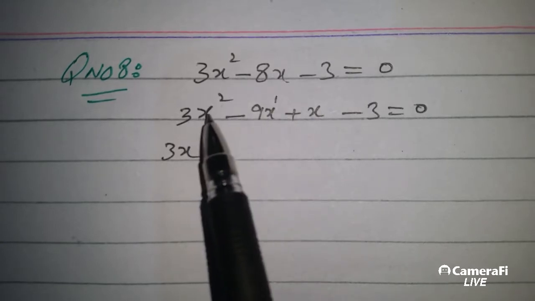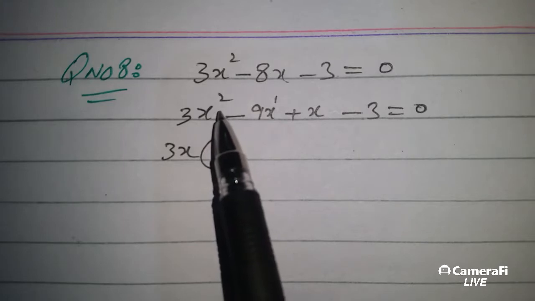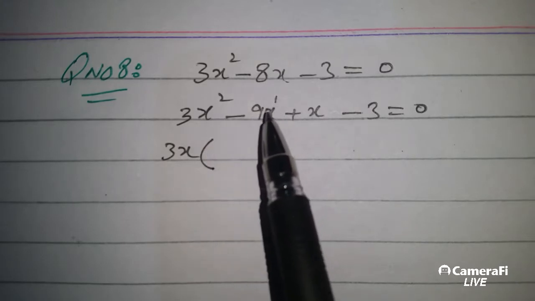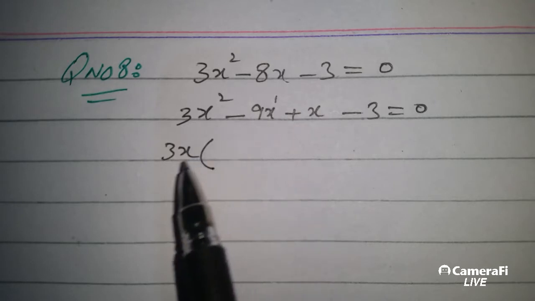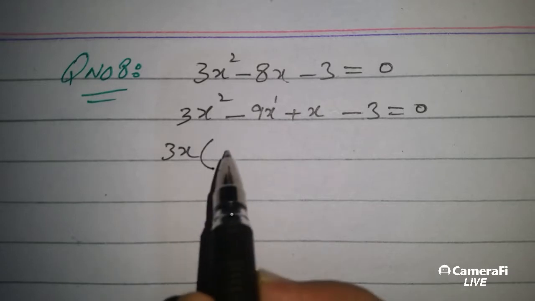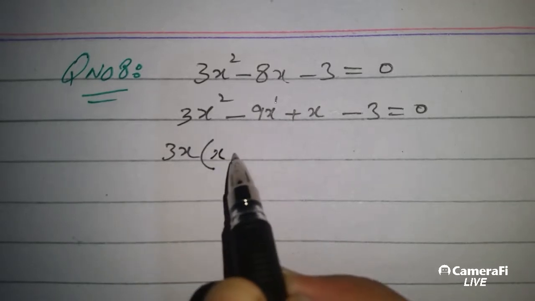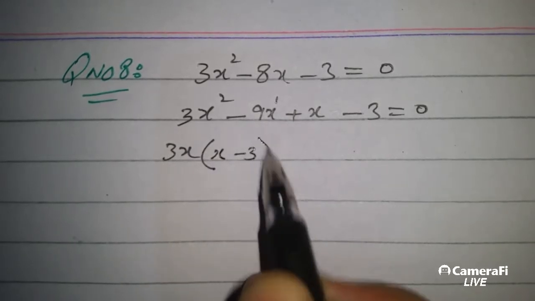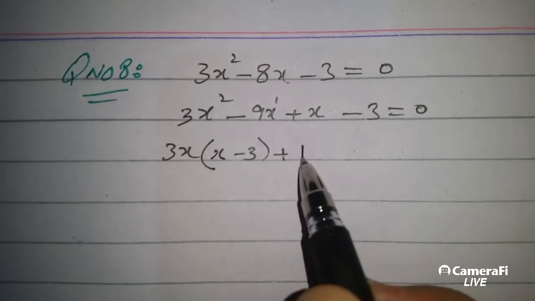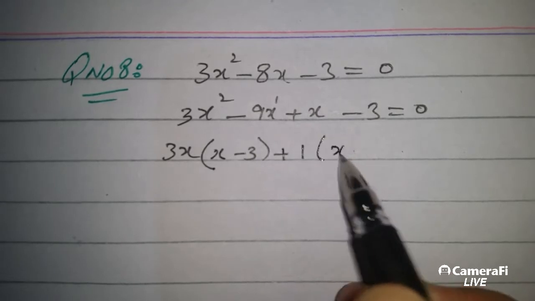Here x is raised to power 2 and here x is raised to power 1. So the smallest power is x raised to power 1, so it will be taken as a common factor. So here I get x minus 3, 3 3s are 9. Here nothing is common, so 1 can be taken as a common factor.